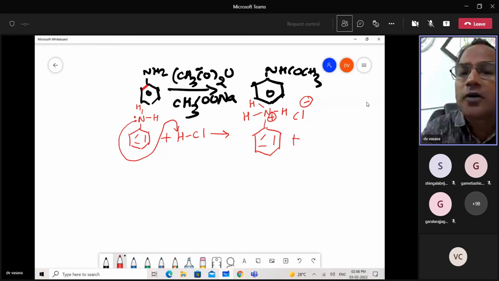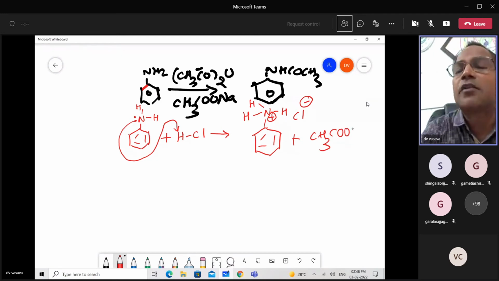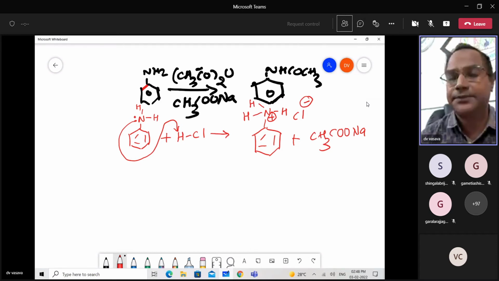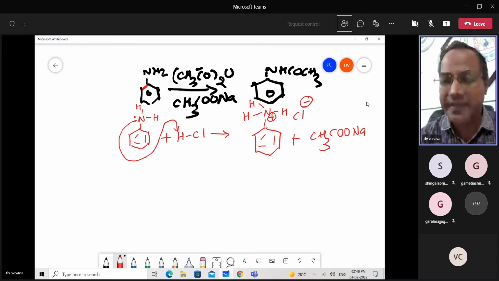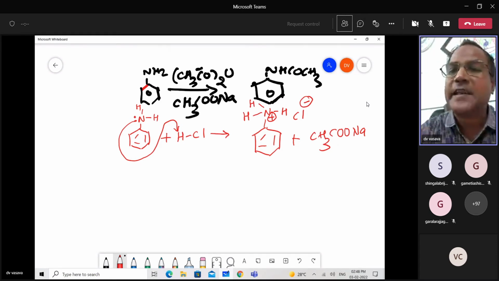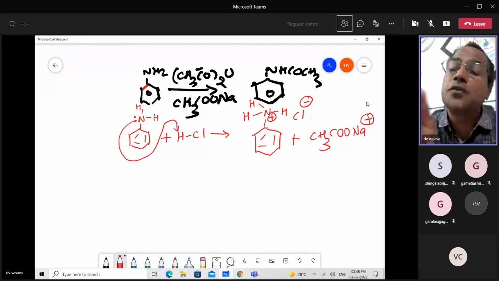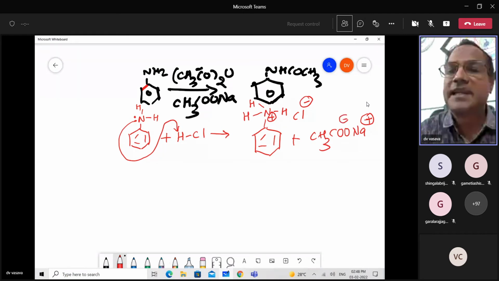And also I have said that aniline is oxidized to the N oxide. So to protect against that oxidation of the aniline, sodium acetate is also utilized, and it is also utilized as a buffer solution so that pH can be maintained.